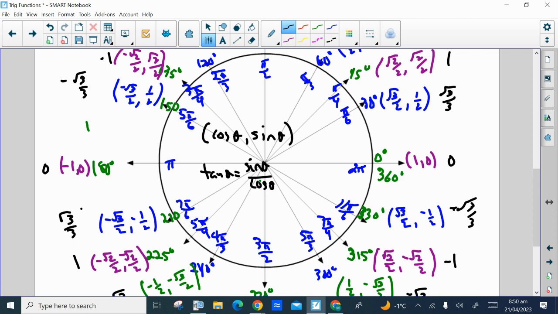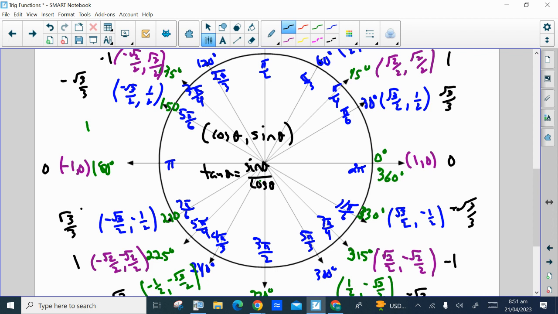At the first stop, which is pi on 6, or 30 degrees, if you put that down, it'll be the root of this many fingers for the sine, root of 1 over 2, which is 1/2. That's the sine. The cosine is the root of this many fingers, √3/2.